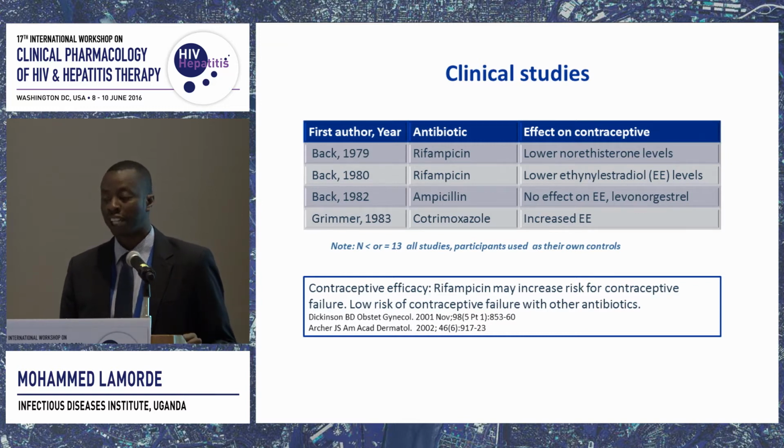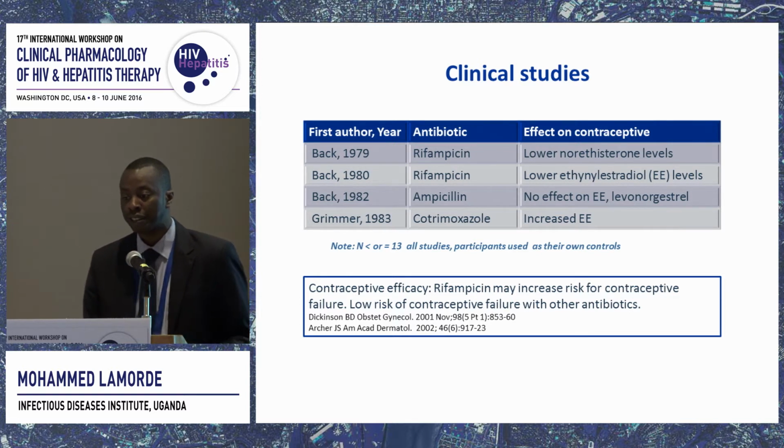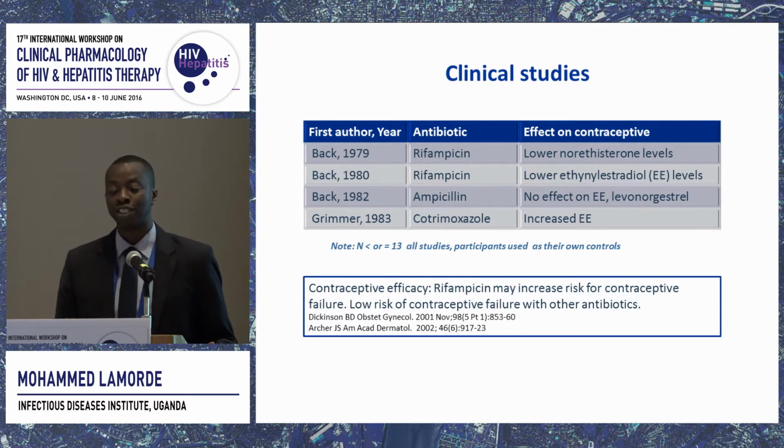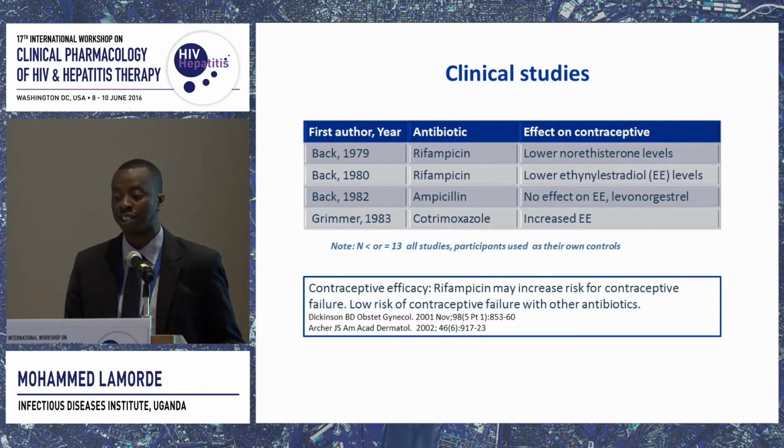This we know has to do with the inductive effect of rifampicin on transporters and cytochrome P450. But they did two other studies looking at ampicillin and cotrimoxazole, and they did not find changes in levels of ethinyl estradiol, levonorgestrel. With cotrimoxazole, they actually found a slightly increased concentration of ethinyl estradiol.